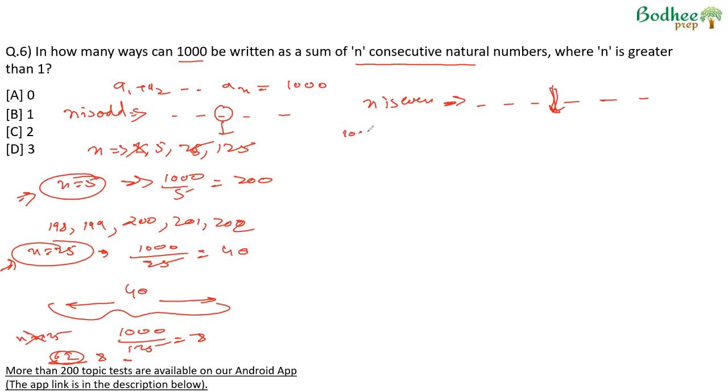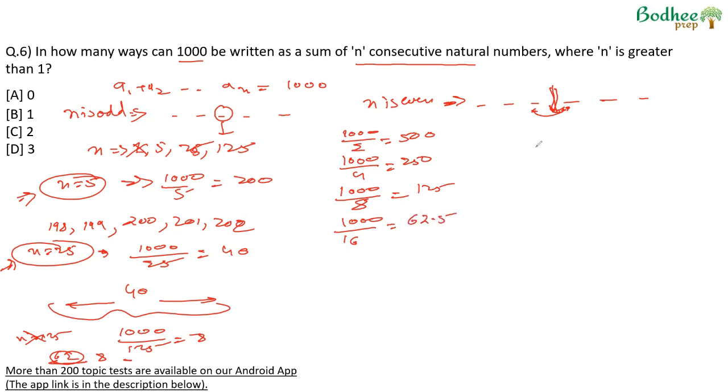Now, if we divide 1000 by 2, we get 500. 500 cannot be the average of two consecutive integers, as the average has to be 0.5 ending. If we get 1000 upon 4, which is 250, again not possible. 1000 upon 8, we get 125. 1000 upon 16, we get 62.5.